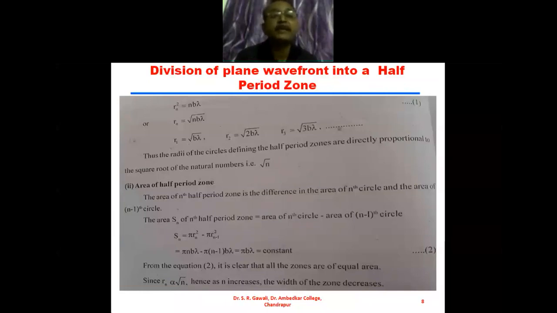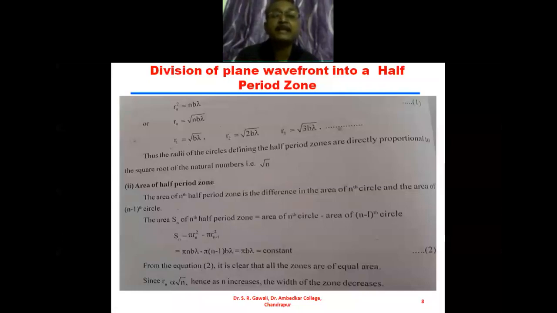So in order to obtain the area, we will obtain the area of the nth half period zone. Area of the nth half period zone is the difference in the area of the nth circle and the area of the n minus 1th circle.